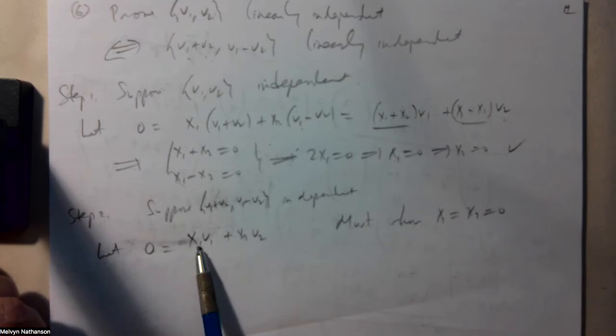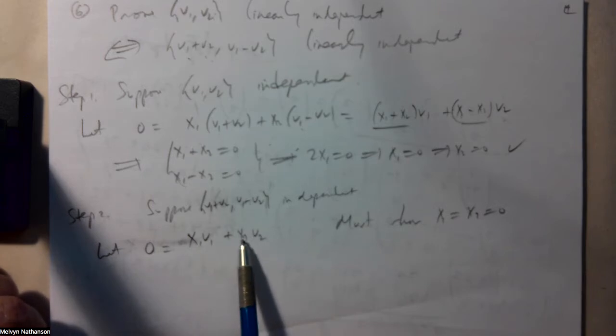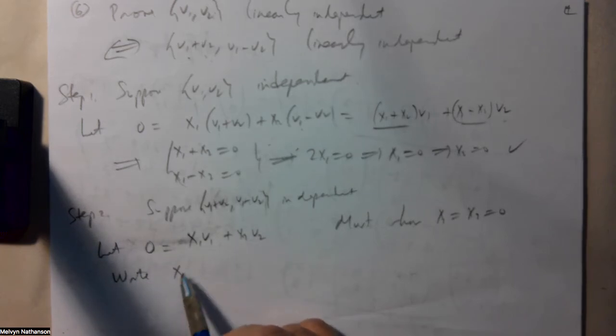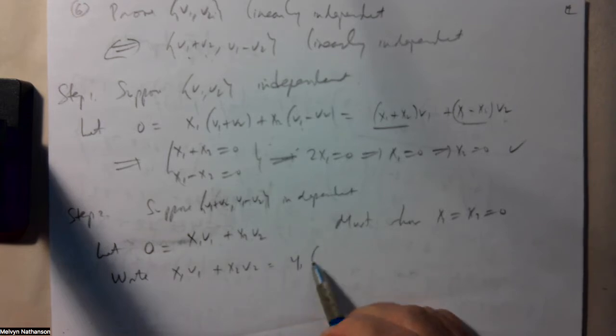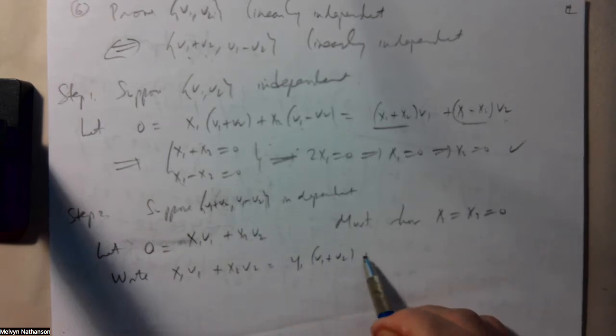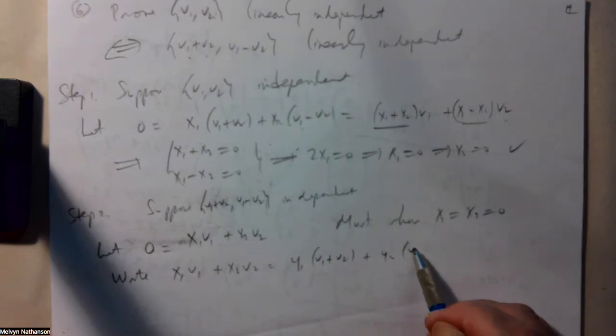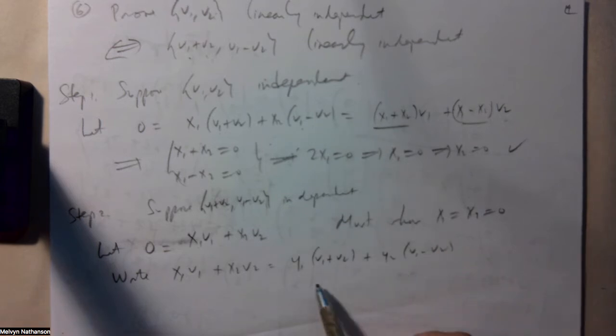I would like to be able to express this as some linear combination of v1 plus v2 and v1 minus v2. So suppose I can find scalars, let me call them y1 and y2. So I would like to write x1 v1 plus x2 v2 in the form y1 (v1 plus v2) plus y2 (v1 minus v2).